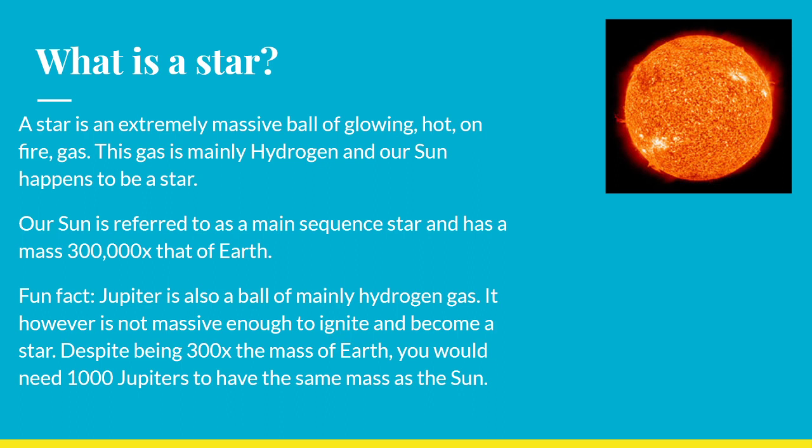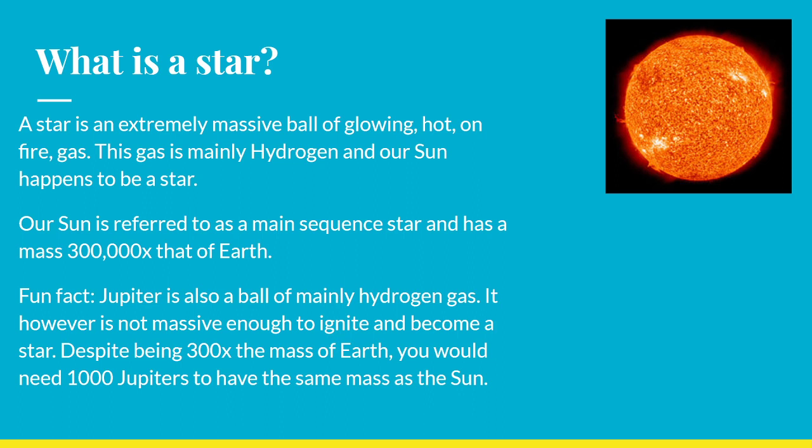Our sun is referred to as a main sequence star, and it has a mass that is 300,000 times the mass of the Earth. Another thing we can relate to is Jupiter. Jupiter is what's referred to as a gas giant. It's also a ball of mainly hydrogen gas.